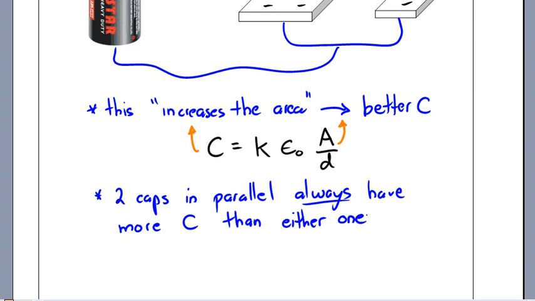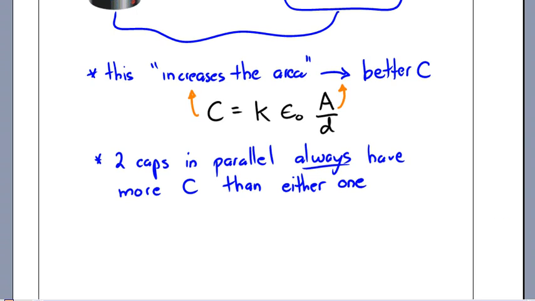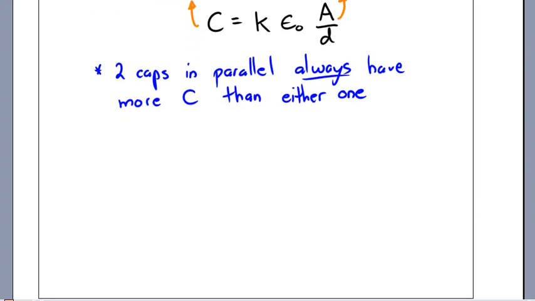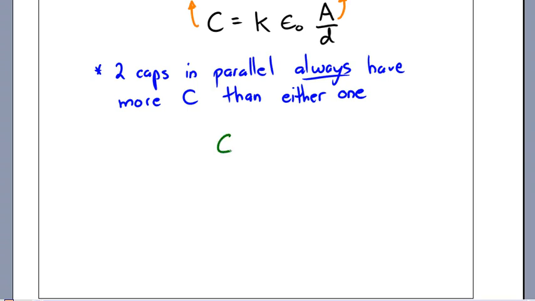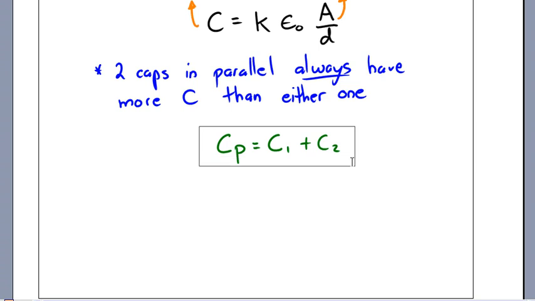You always gain capacitance when you put another one on in parallel. You're just simply increasing the parking lot size. And so the equation that you can use to calculate capacitance that's in parallel is actually just capacitance 1 plus capacitance 2, literally increasing the parking lot size.